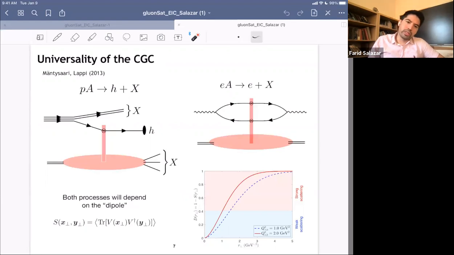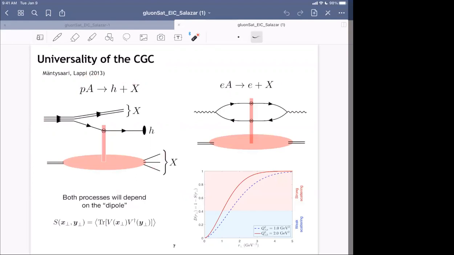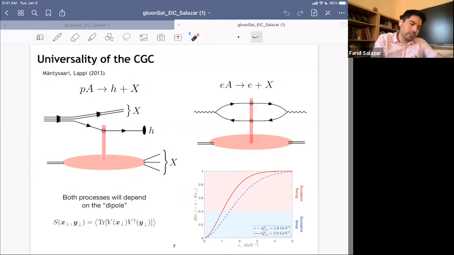And let me give you two examples. So on the left, you see semi-inclusive hadron production in proton-nucleus collisions, and on the right you see DIS. Here is just the virtual photon that is exchanged in the deep inelastic scattering. What you find out is that both of these processes are sensitive to the dipole.